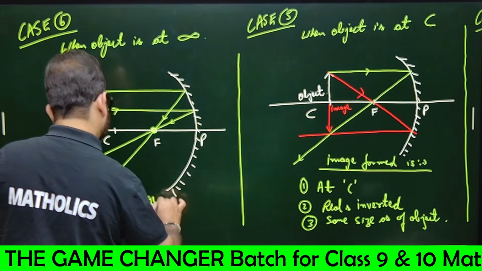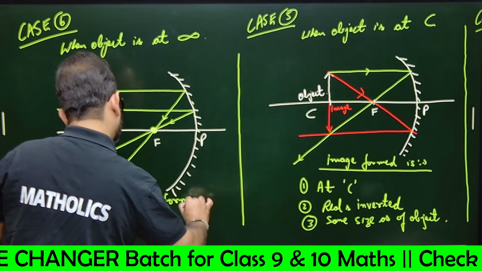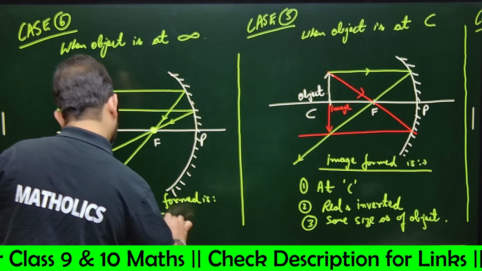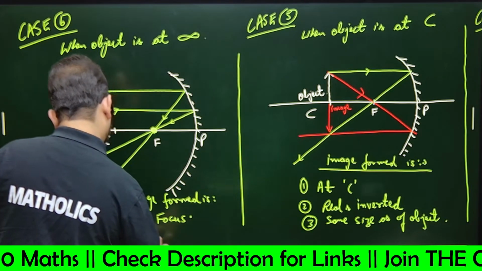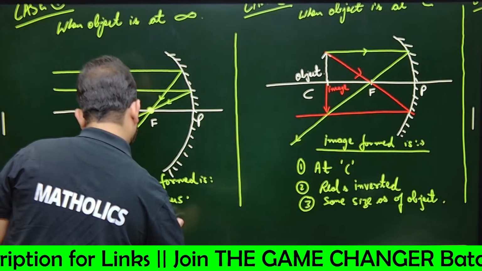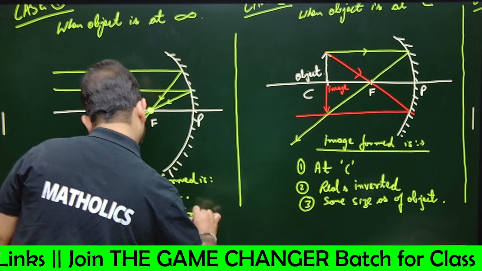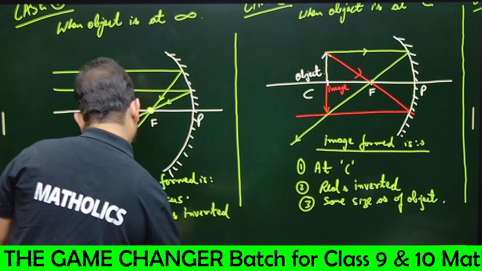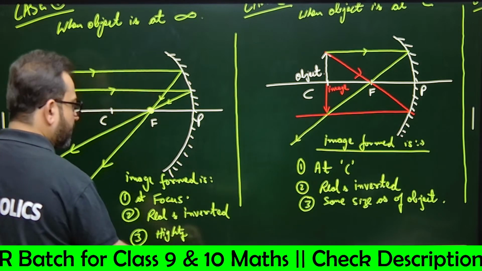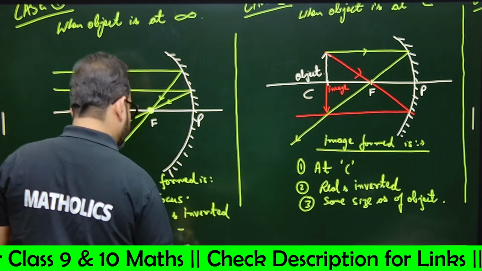Image formed is, first point, at focus. Second point, it will be real and inverted. Third point, it will be highly diminished. See, how large is the object?